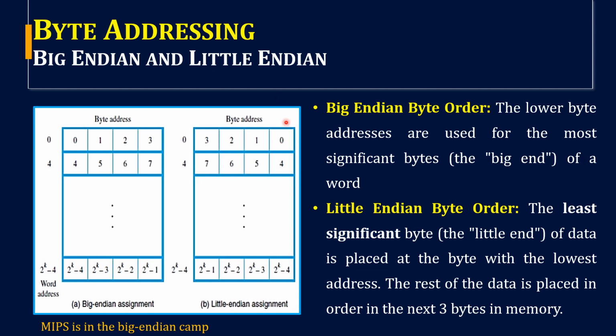If the lower byte address is used for representing the least significant byte, then it is called little endian. If the lower byte addresses are representing the most significant byte, then it is called the big endian assignment. MIPS is a big endian byte addressing computer.